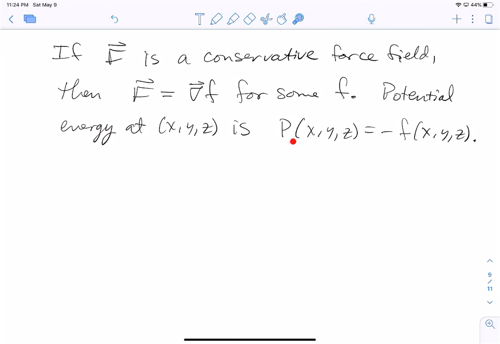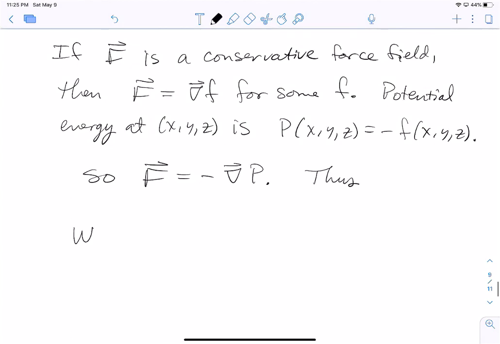This P just represents potential energy. And it's the negative of f. Well, that's where we get the potential function name. But if P is the negative of f, and the force field F is del little f, then it follows that the vector field F is equal to the negative of del P.